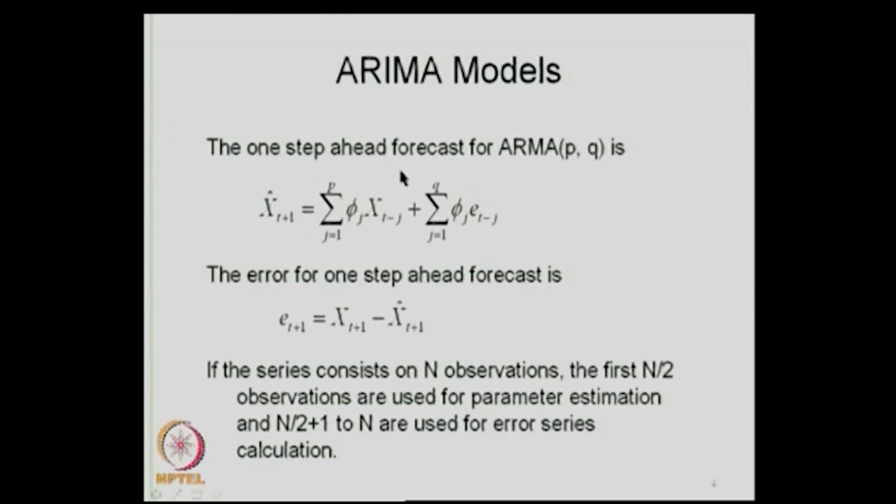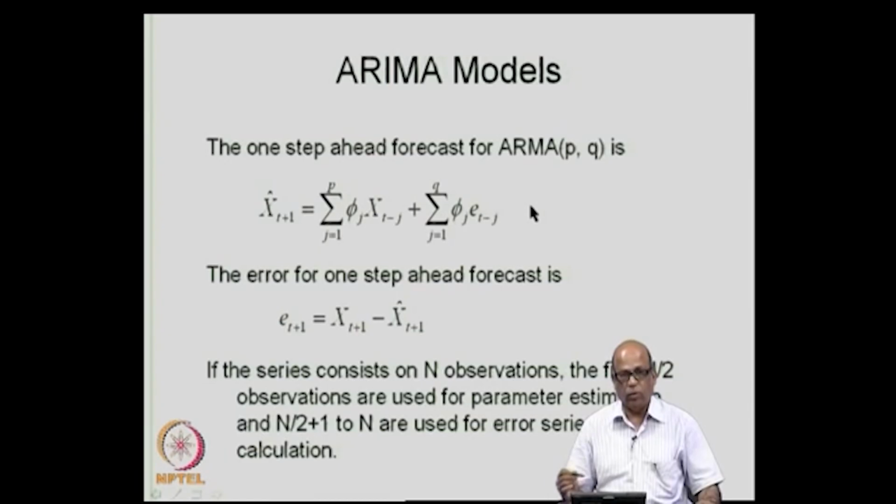So, one time step ahead forecast for the ARIMA p, q model can now be written as x bar t plus 1, you have p of AR terms, phi j x t minus j, plus you have q of moving average terms, j is equal to 1 to q, theta j E t minus j. The noise term has mean 0, therefore when you take the expected value, it vanishes.